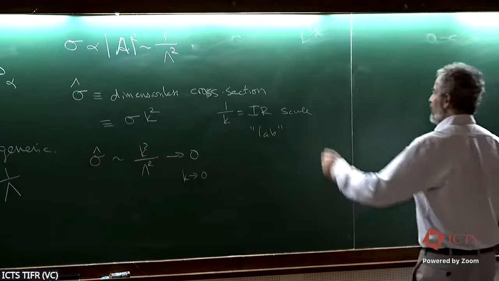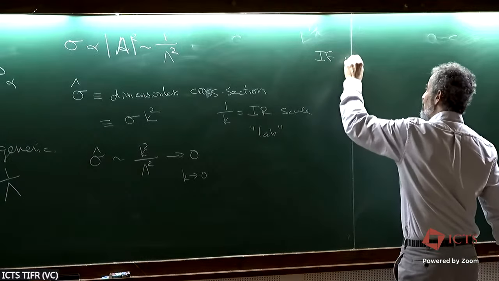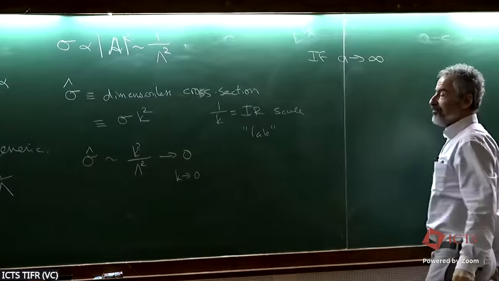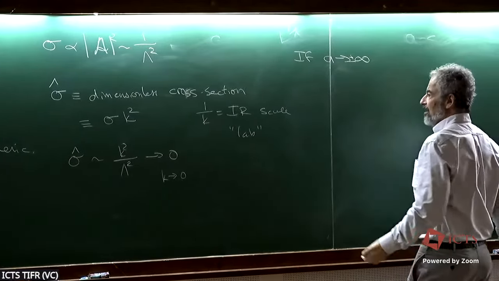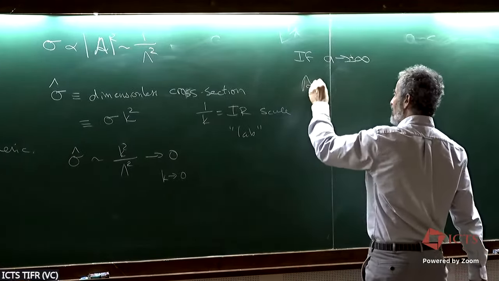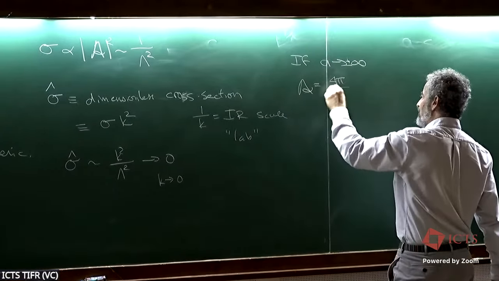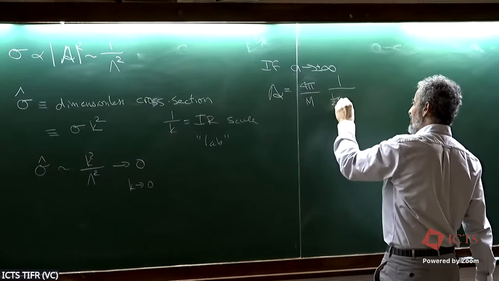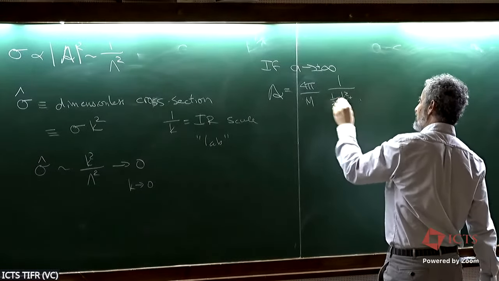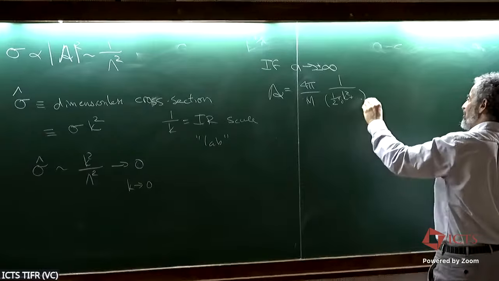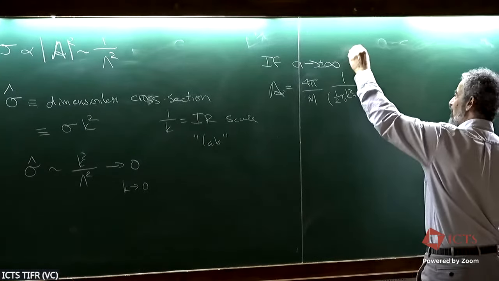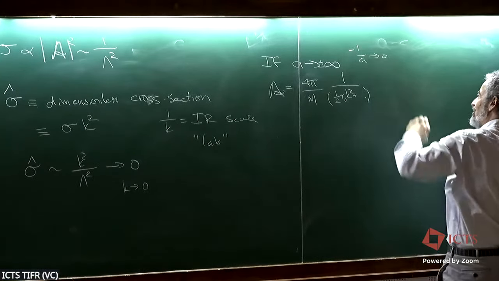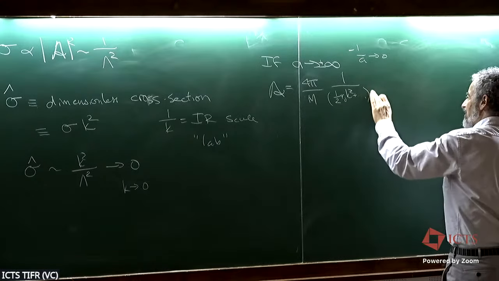But if A goes to plus or minus infinity, then our scattering amplitude, 4 pi over m, 1 over 1/2 r naught k squared plus dot, dot, dot, because the scattering length is 0, sorry, minus 1 over A goes to 0, plus or minus ik.